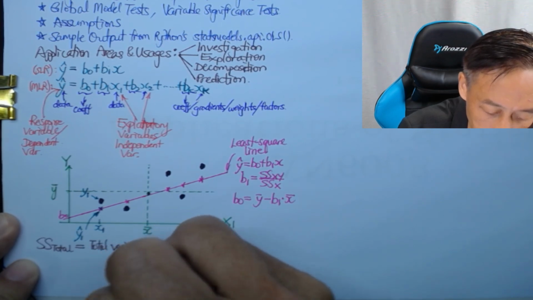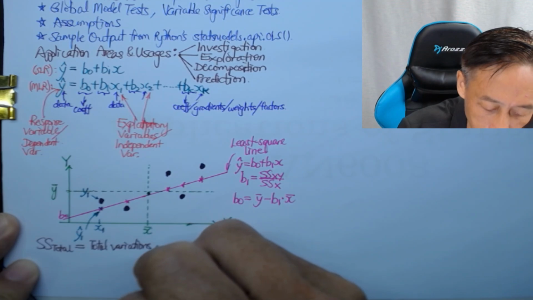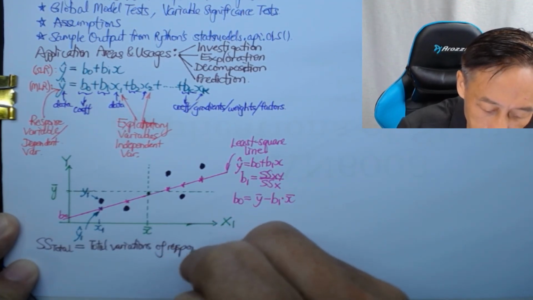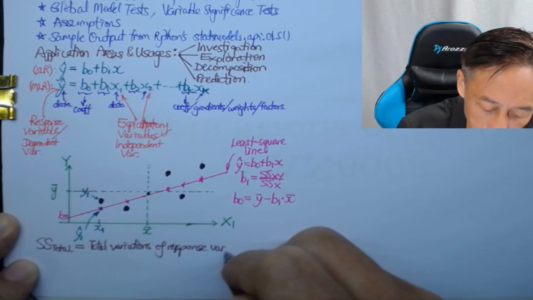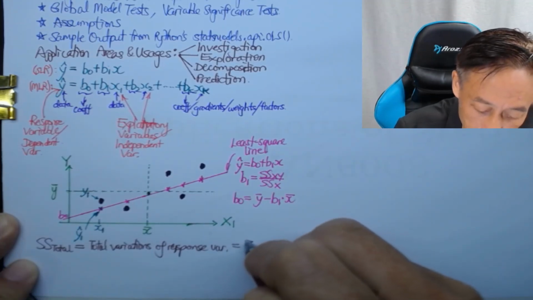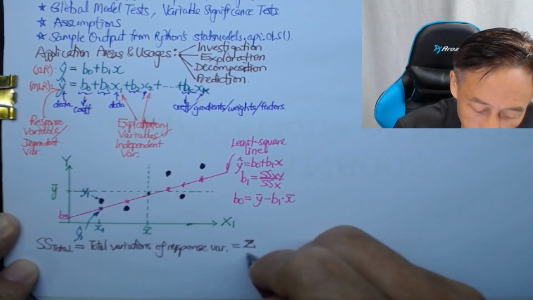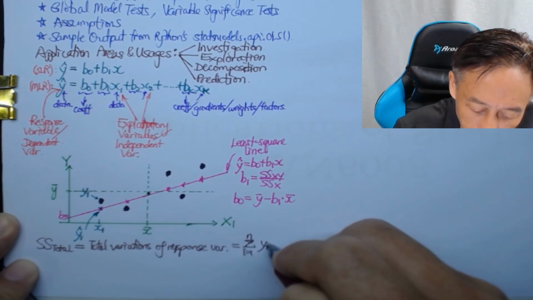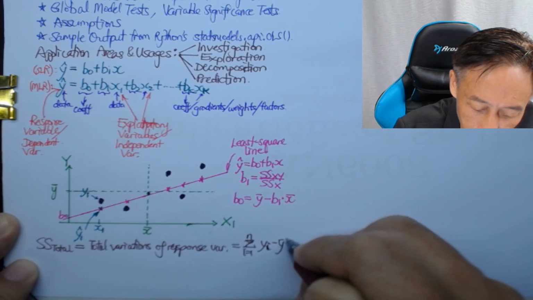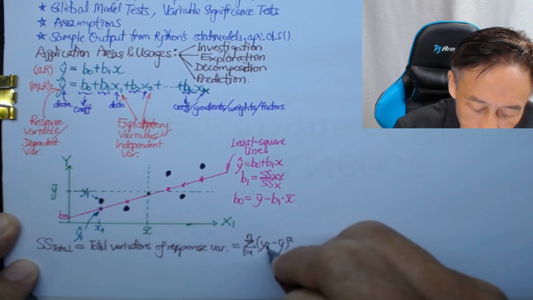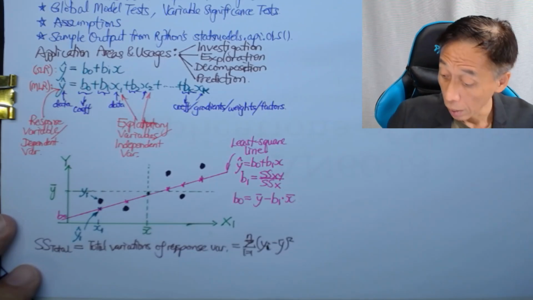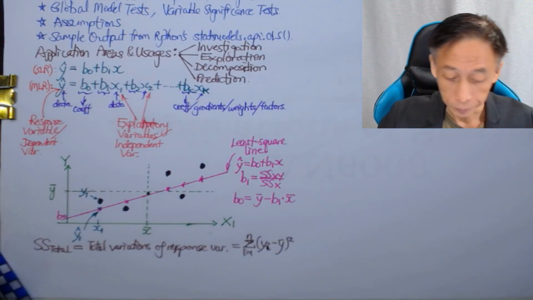Variation is a more official term for the response variable. It is given by the summation of all i from 1 to n of yi minus y bar, squared. So it is the squared deviation of each y from y bar.